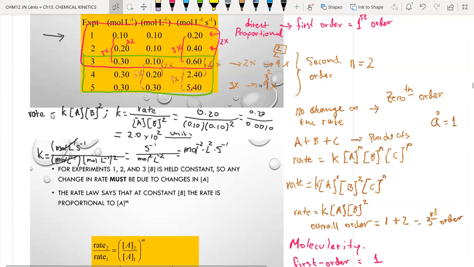So these units here will help cancel the units here, because then you will have moles times moles squared liters to the -2, and at the end you need to end up with just moles per liter per second. The units of the constant will help you bring everything to the correct units for the rate law.